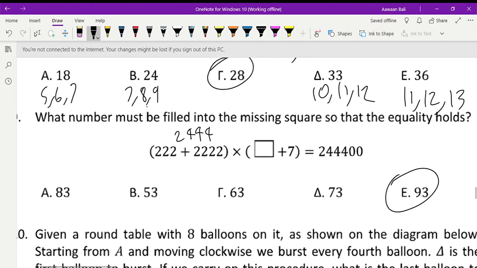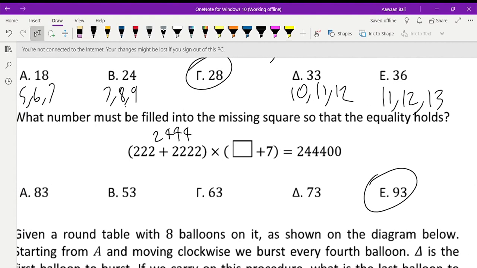Now basically, 2,444 times 100 is 244,400.